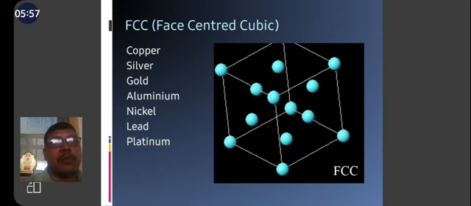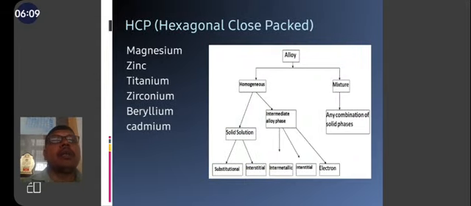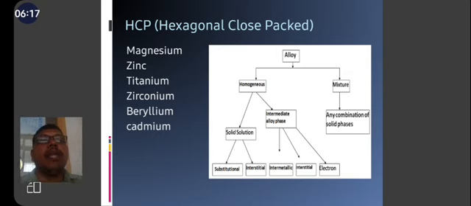Examples for FCC materials: copper, silver, gold, aluminum, nickel, lead, platinum. Then HCP, hexagonal close packed. Examples: magnesium, zinc, titanium, zirconium, beryllium, cadmium.